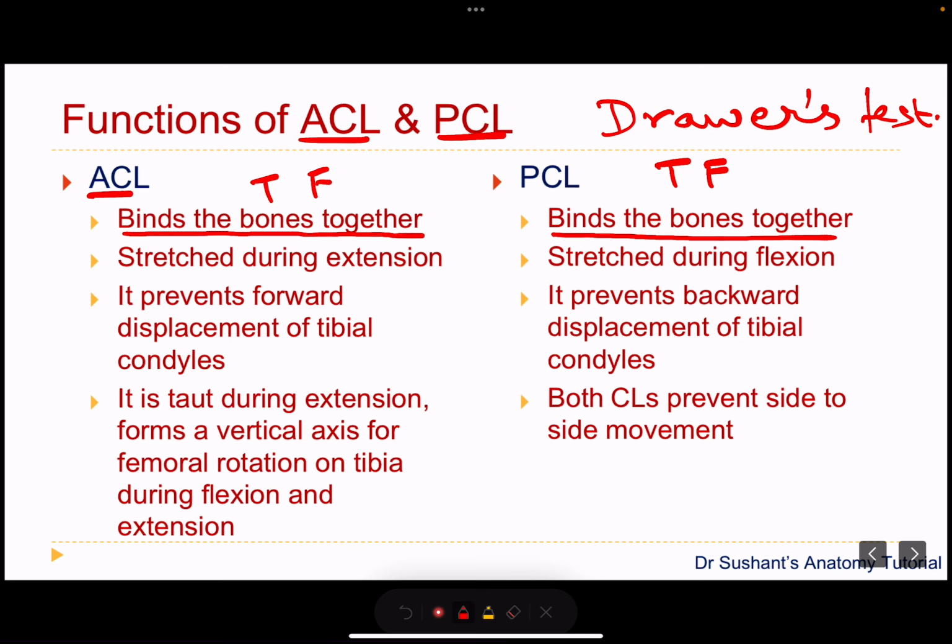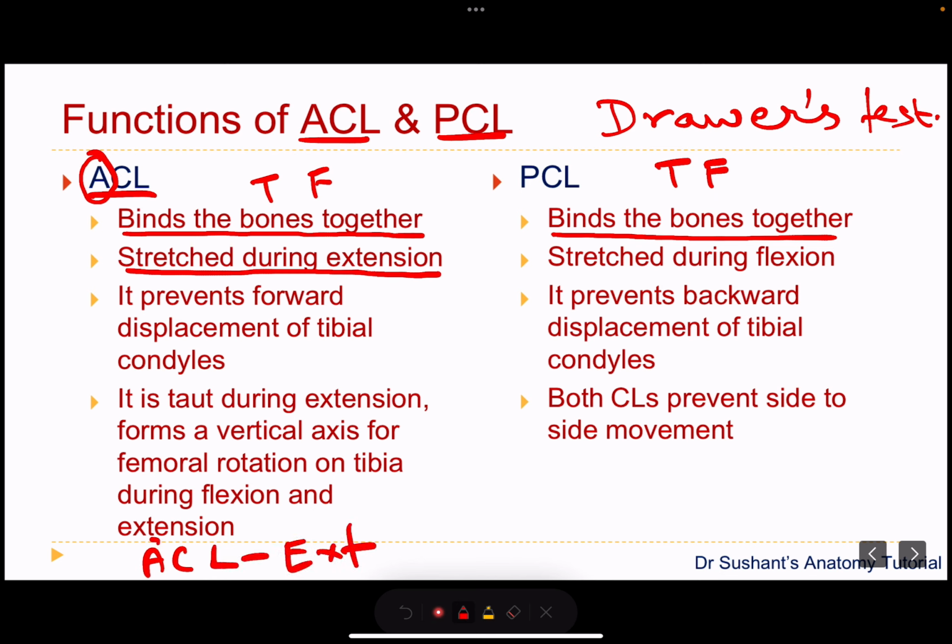Now the anterior cruciate ligament is stretched during extension. You can relate this by remembering that the anterior compartment of the leg consists of extensor muscles.